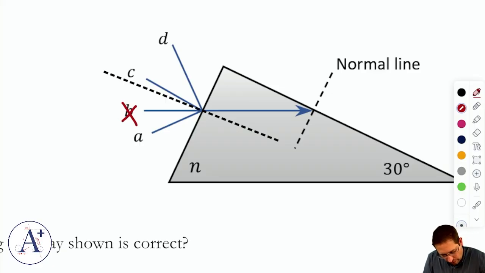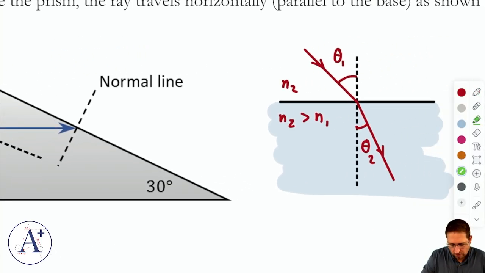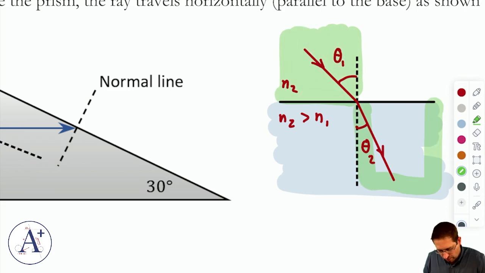Now, probably not C either, because this angle is smaller than this one, so that doesn't seem to make much sense. So you might think, well, maybe it's D. Like, this angle is bigger than this one. But then you might argue, well, this one's bigger than this one too, so is it A or is it D? Well, it's very important to understand the drawing that we have here, where the incident ray is in this quadrant. The refracted ray is in the quadrant opposite, not in the quadrant right here underneath.